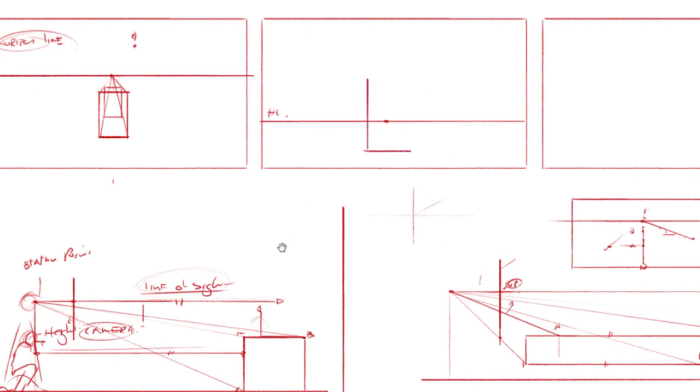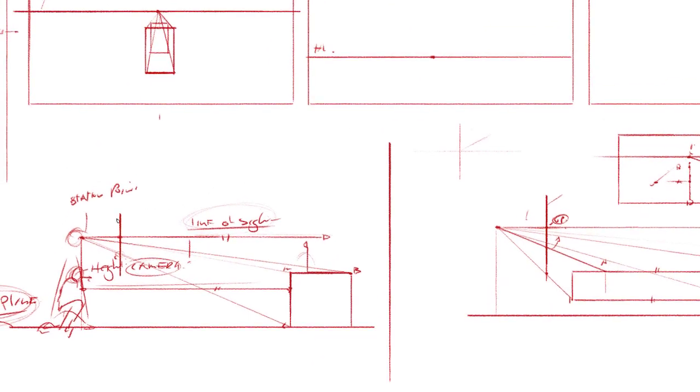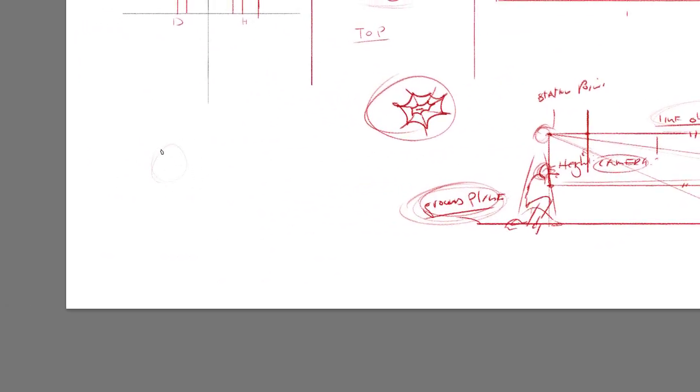Okay, actually the picture plane moves with the viewer. So think of this as the viewer's head and his line of sight, and this picture plane always stays perpendicular to the viewer.